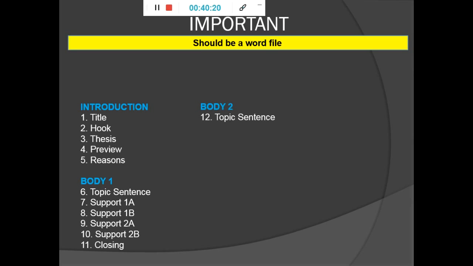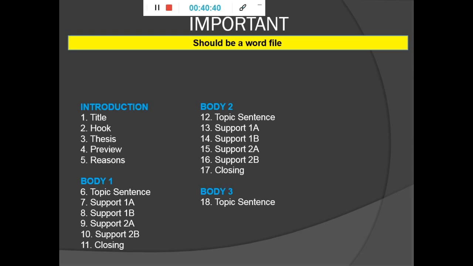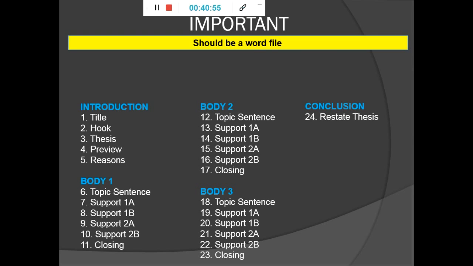Body 2, have a topic sentence, support 1A, support 1B, support 2A, support 2B, and a closing. Body 3, topic sentence, support 1A, support 1B, support 2A, support 2B, closing. Conclusion: restate your thesis, restate reasons, have a closing.